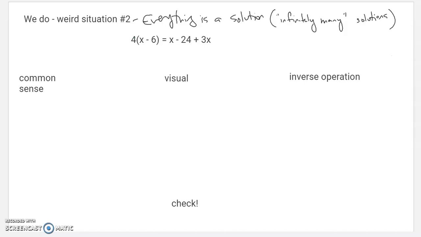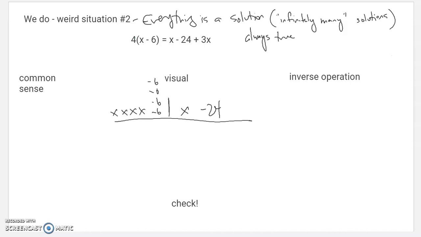Doesn't matter what x is, it's always true. That's another way to put this. Always true. So if I start to draw this one, you'll see it start to occur real quick. 4 times x minus 6 is equal to x minus 24, and 3 more x's.